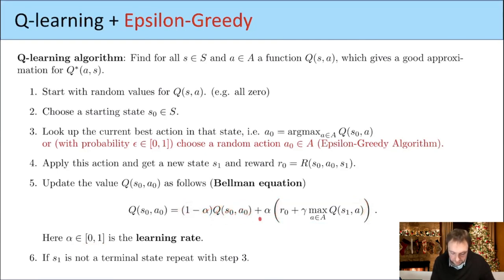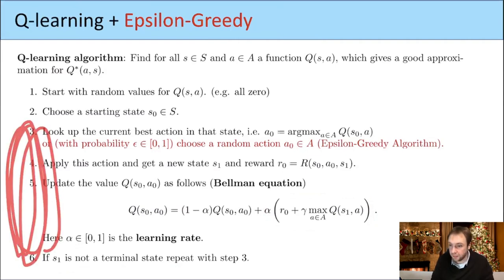And if alpha is 0, then we don't change anything at all. Yeah, and maybe the tricky part is to understand this thing here, but this we will see in a second. So we do this, and then we land at some state. And if this is not the terminal state, then we will go back to number 3 and do it again and again until we are at some terminal state.